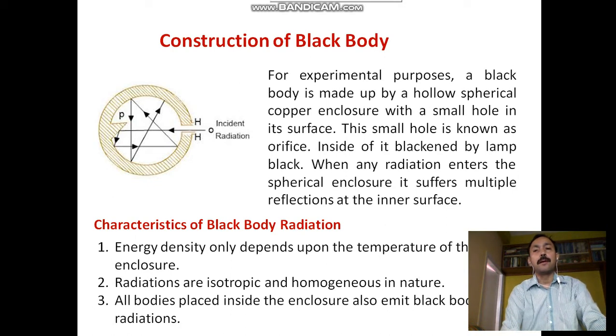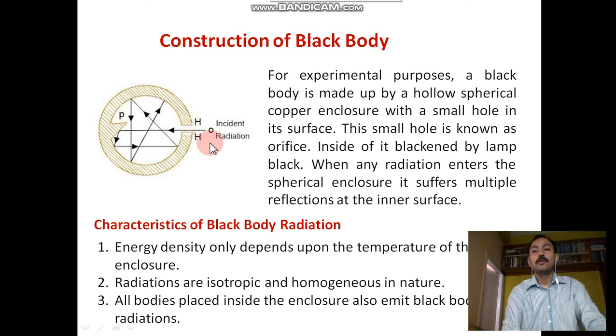Now come to the construction of a black body. For experimental purposes, a black body is made up of a hollow spherical copper enclosure with a small hole in its surface. This is the hole.